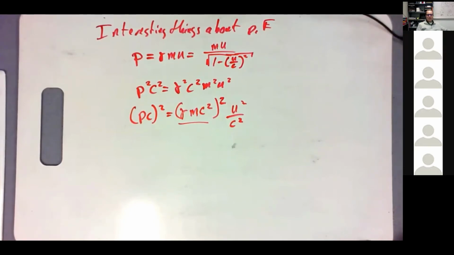There's also a question in the chat. Is U just V, or is it different? So U and V are different. I'll try to be clear when I'm using which. U is the velocity of an object through your frame.